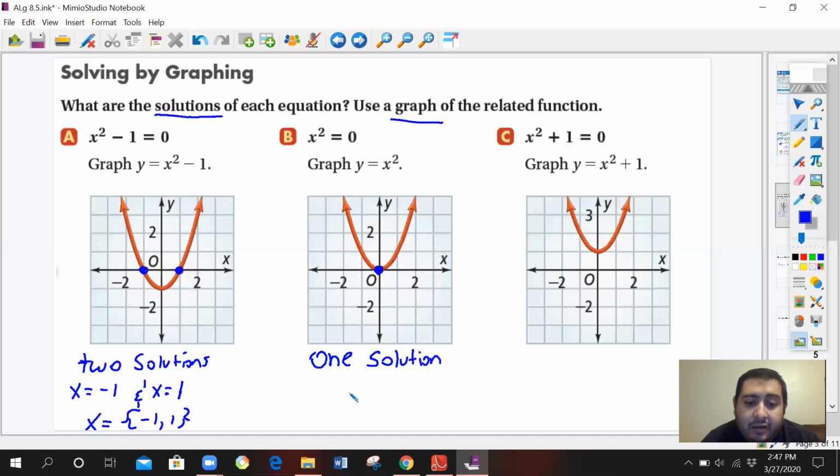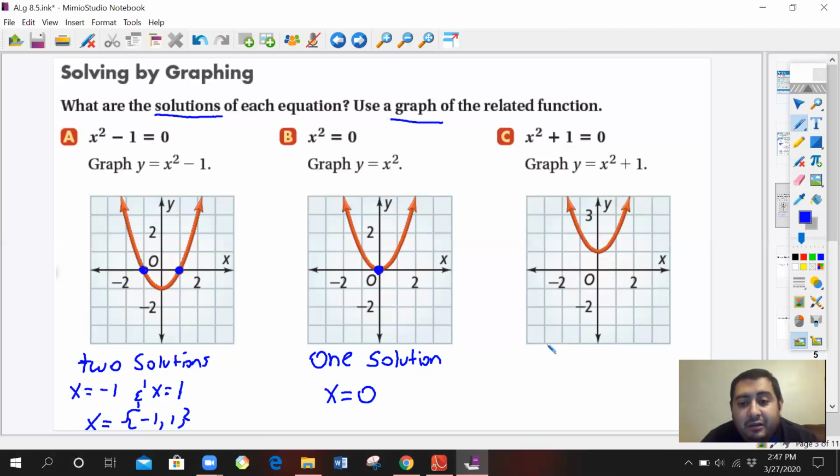At x equals 0, because it's crossing the origin at location (0, 0). As part C, we notice that x squared plus 1 equals 0. We analyze the graph and notice that it's not crossing the x-axis.